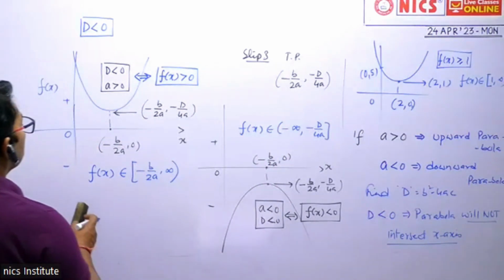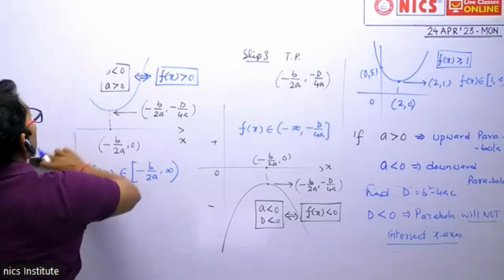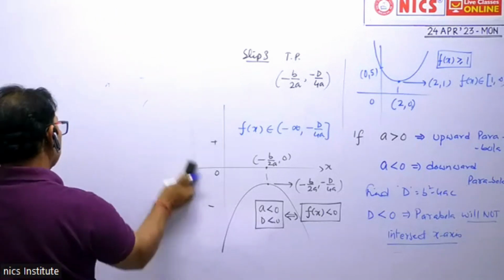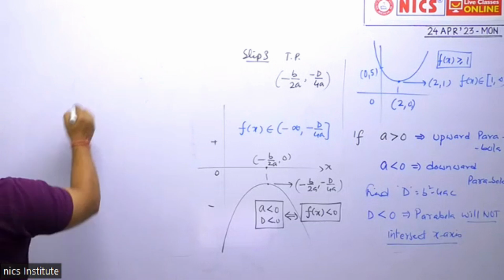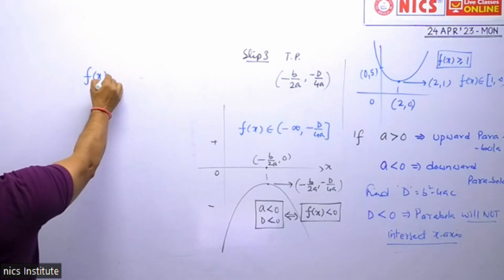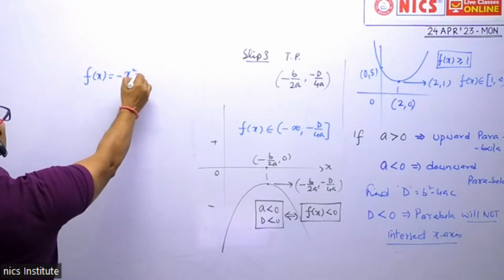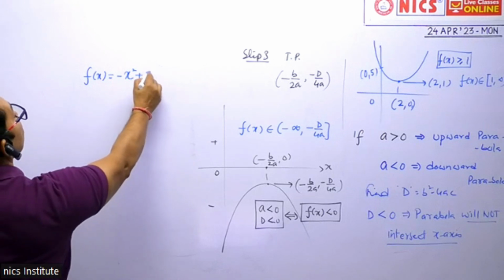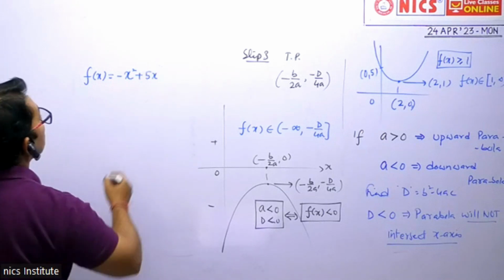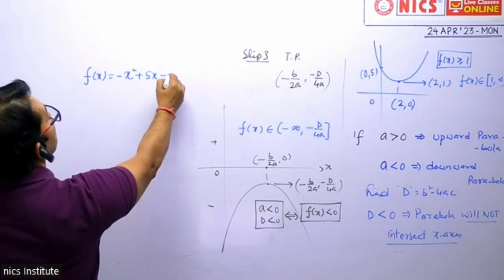Do one thing, quickly plot this graph. Suppose you have f of x is equal to minus x squared plus 5x minus 9.